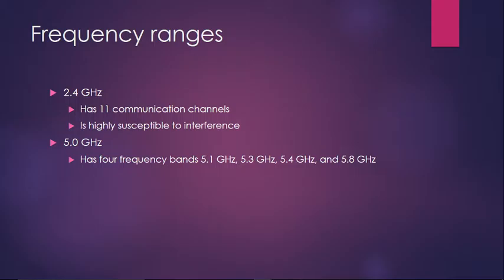I included a little bit of information: 2.4 gigahertz has 11 communication channels and it's highly susceptible to interference, because, like it says in the textbook, they don't have to be registered through the FCC, I believe. And the 5.0 gigahertz frequency range has four frequency bands: 5.1, 5.3, 5.4, and 5.8.